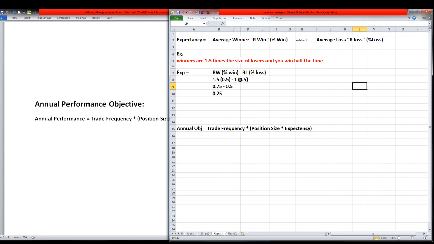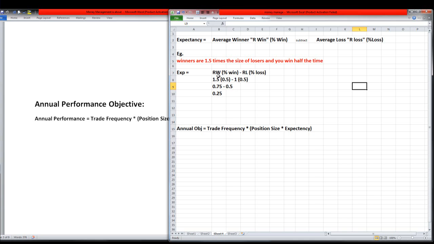Okay, from that we want to subtract the losing side. So we worked out that when we lose, we're basically losing on average 1R. We worked it out, divided by 4, we're risking 1R. Times that by the fact that we're losing 50% of the time, and that determines our losing side of things.